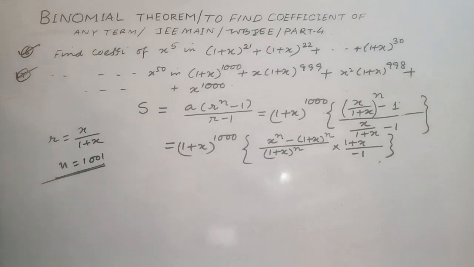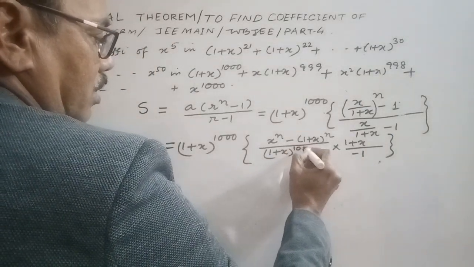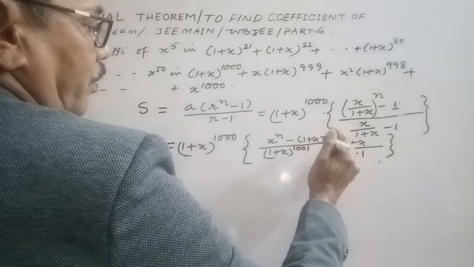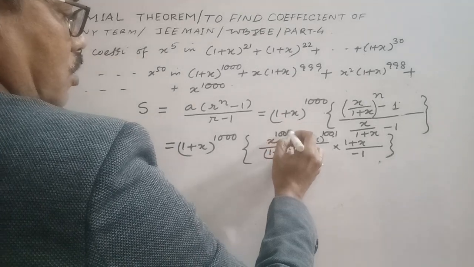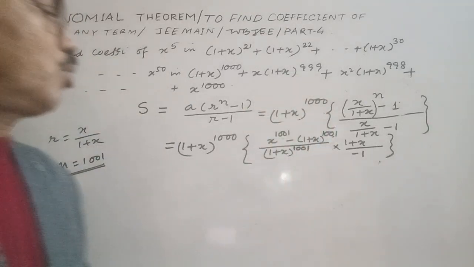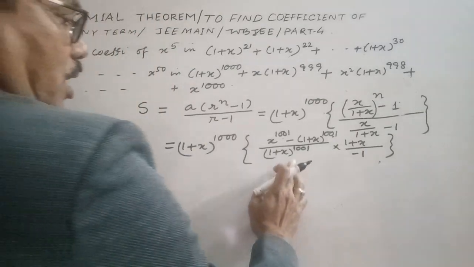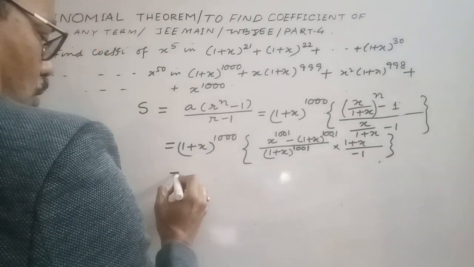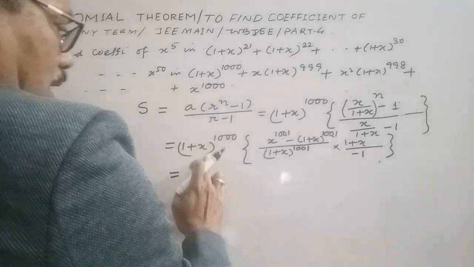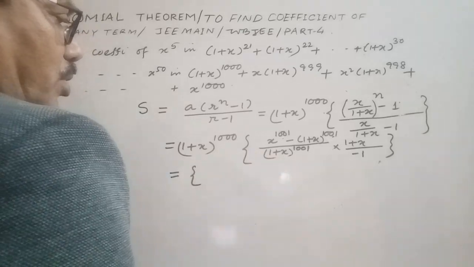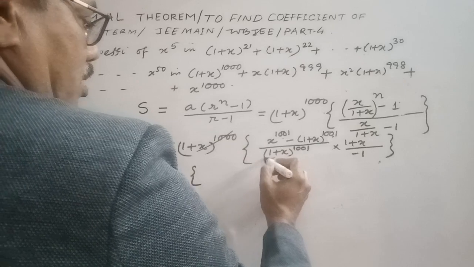So we simplify it. So what is n? N is 1001. Now we have to simplify it. So look, this and this cancel out. This and this cancel out.